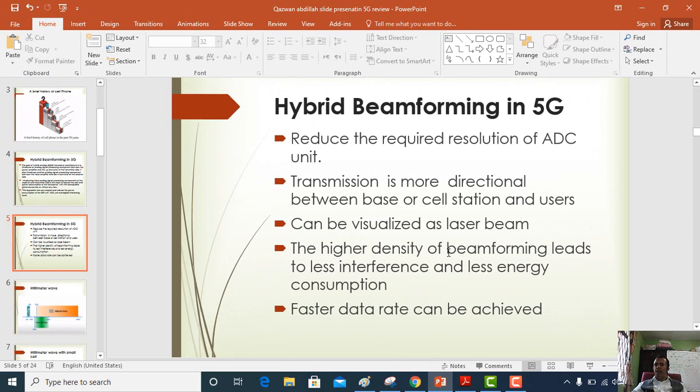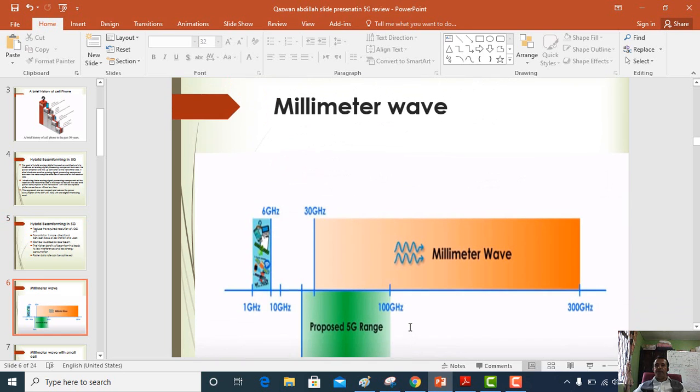Hybrid precoding techniques reduce the required resolution of the analog to digital converter. Transmission becomes more directional between the base station and the users, and can be visualized as a laser beam. The higher density of the beamforming leads to less interference and less energy consumption. A faster data rate can be achieved.